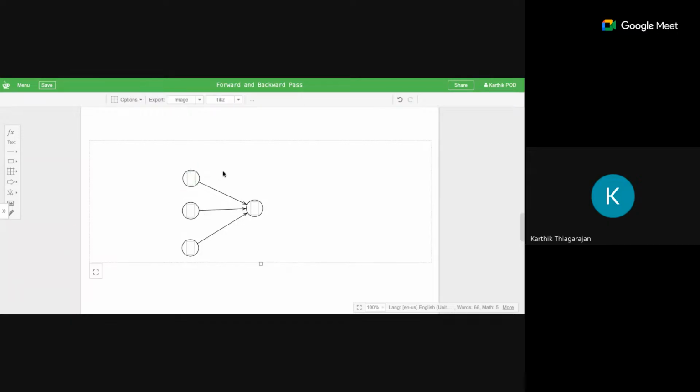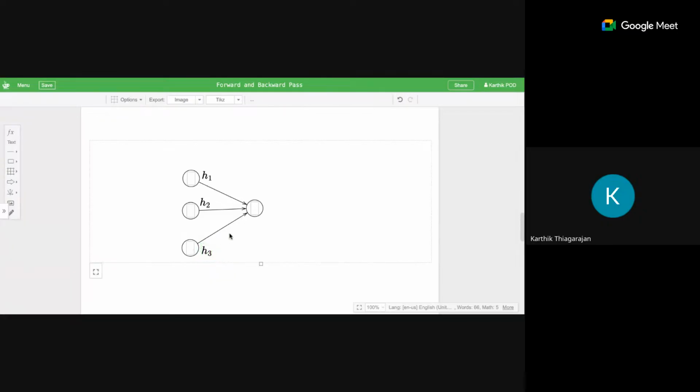So the convention is, the neuron that is sending inputs to the next layer, the inputs are going to be called H. I'm going to call this H1, this is going to be H2, and this is going to be H3.